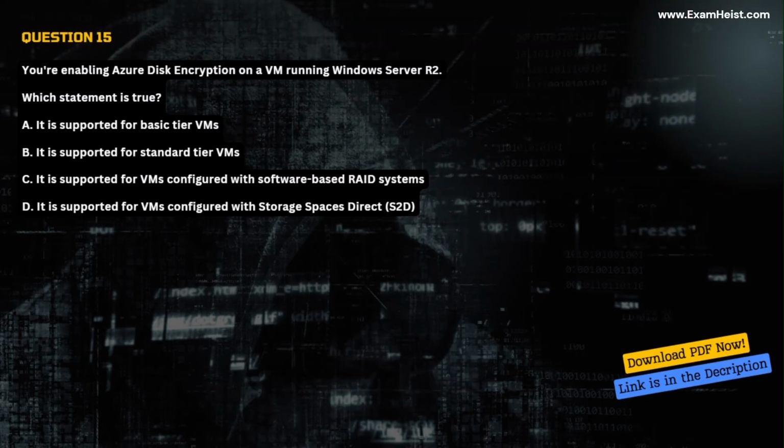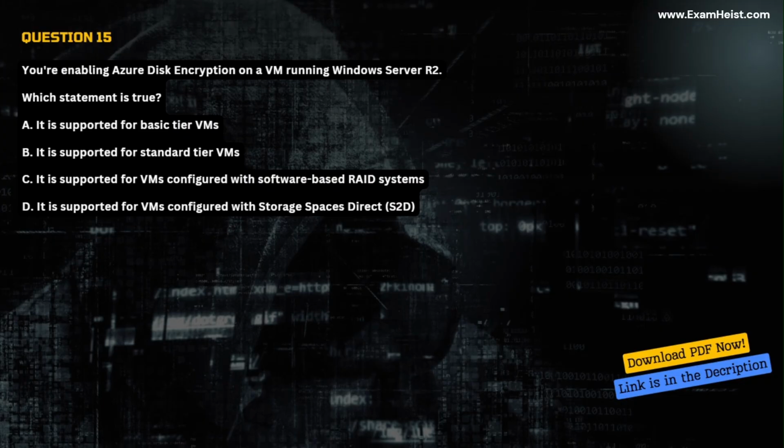Question 15. You're enabling Azure Disk Encryption on a VM running Windows Server R2. Which statement is true? A. It is supported for basic tier VMs. B. It is supported for standard tier VMs. C. It is supported for VMs configured with software-based RAID systems.